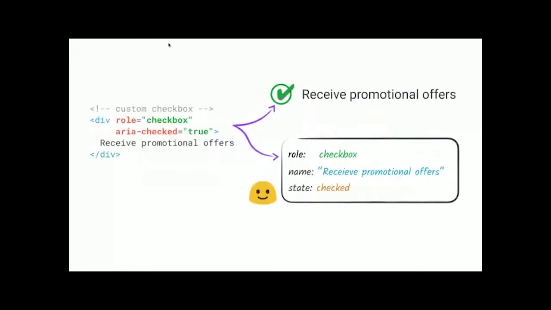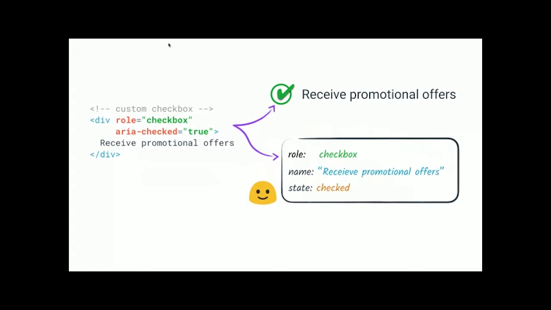And what ARIA does is it allows you to specify attributes on elements, which then modify the way that element gets translated into the accessibility tree. So going back to the checkbox example, if I add an ARIA role of checkbox to that div, and add an aria-checked attribute and set it to true, now you can see that we've got the properly announcing semantics down there in that bottom right box.